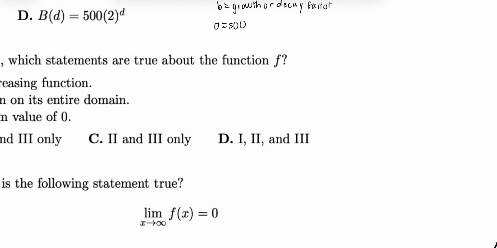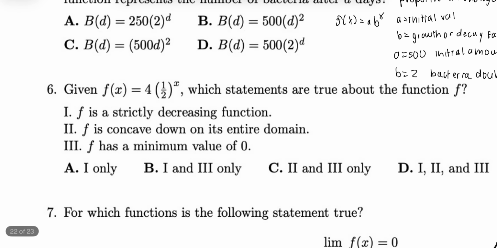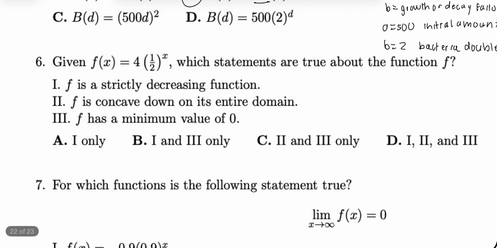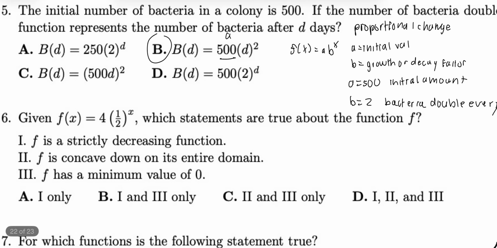So we know that we have b equal to 2 because the bacteria are going to double every day. And this is your initial amount. So we easily can get our answer as option B here. We have 500 as a, and then we have d here, and then we have 2 here for b.